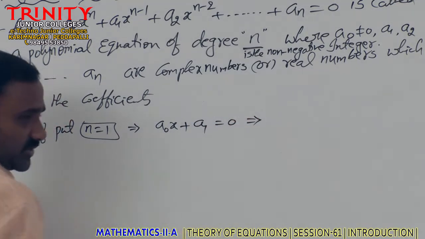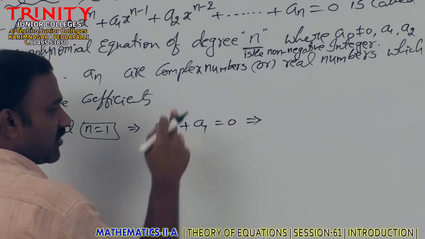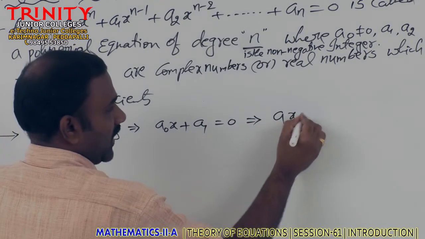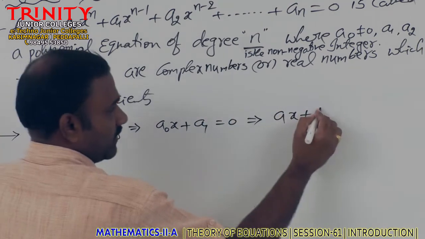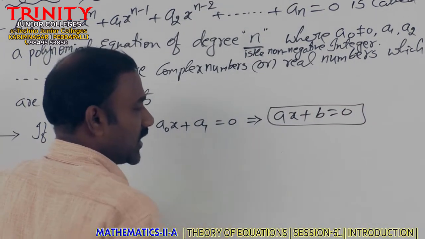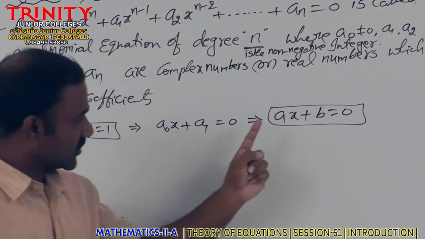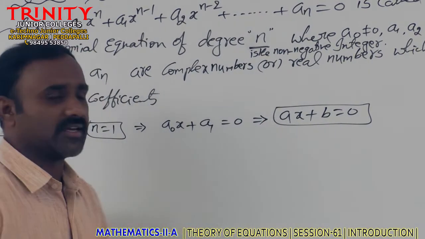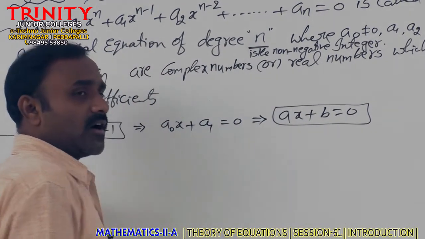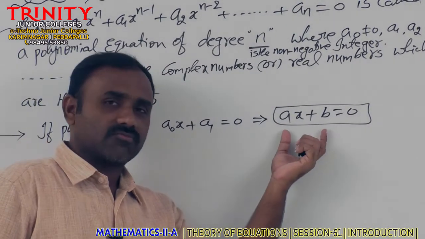If you write with constants instead of a0 and a1, taking a0 as a and a1 as b, then ax plus b is equal to 0. Is it a first degree polynomial or not? It is a first degree polynomial. This is called a linear polynomial, or a straight line in one variable.